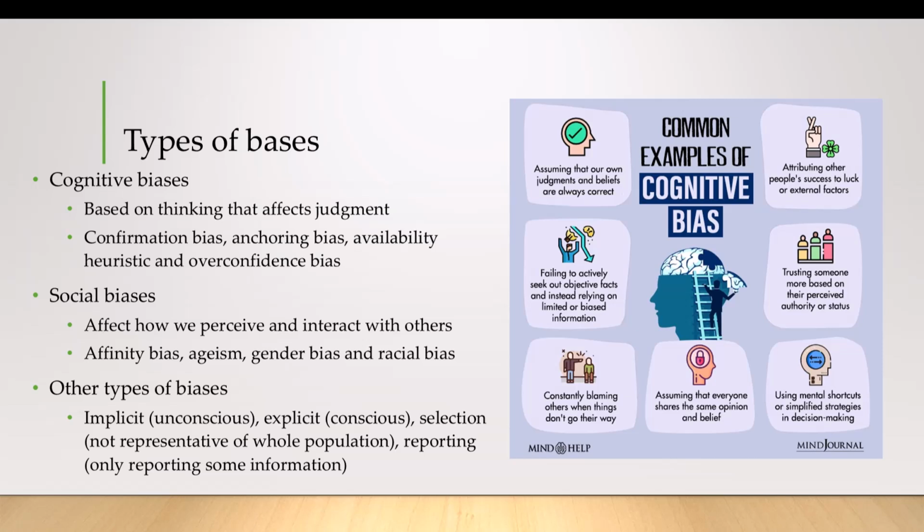Social biases influence how we perceive and interact with others, and they include types like affinity bias, ageism, gender bias, and racial bias. There are other types of biases as well, including implicit biases, those that are unconscious, and explicit biases, those that are conscious. Also, selection bias, which is often a bias in research, and reporting bias, where you only report some information.